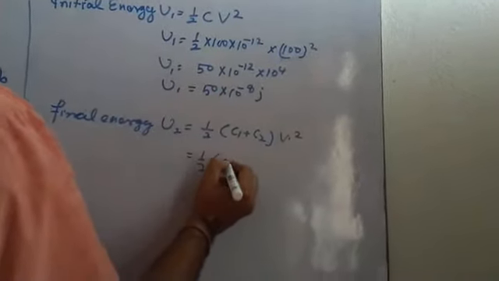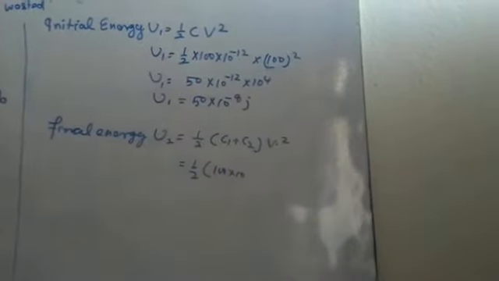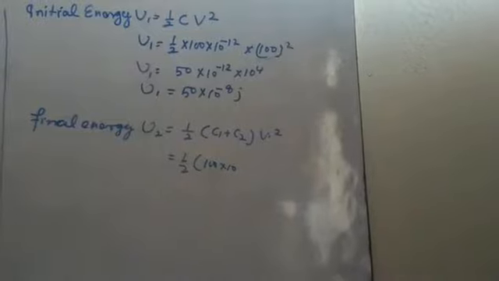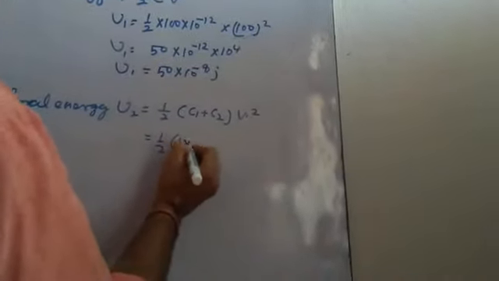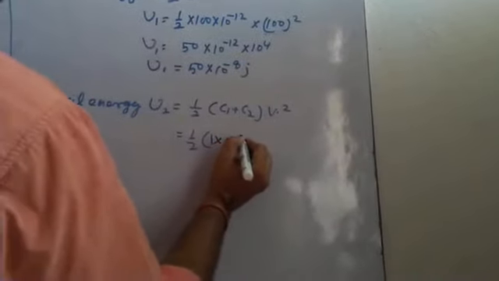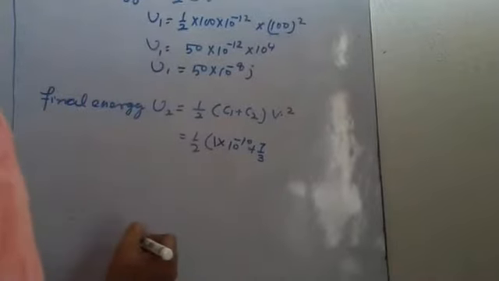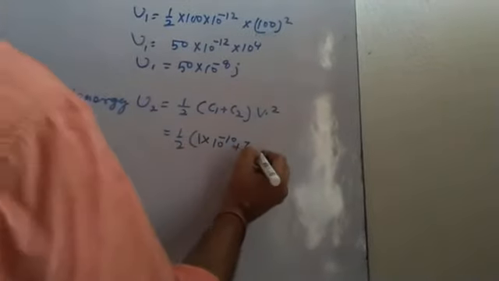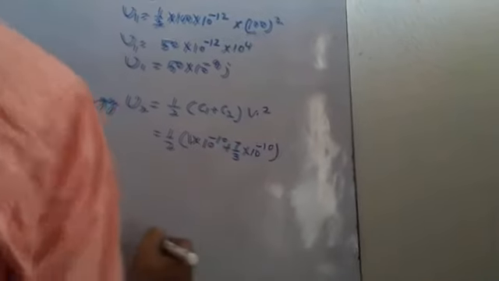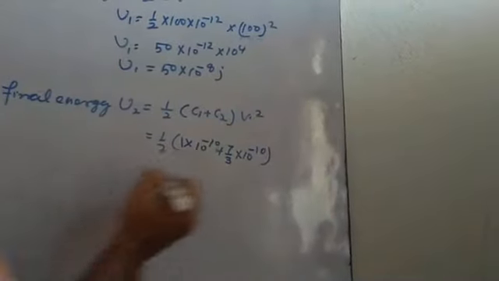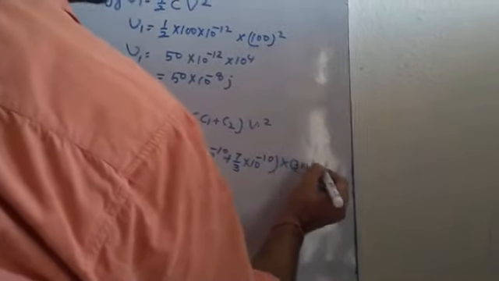Half, 100 into 10 power minus 12 plus 1 into 10 power minus 10 plus 7 by 3 into 10 power minus 10, into V is 30 square.